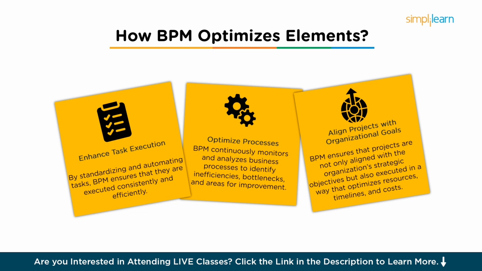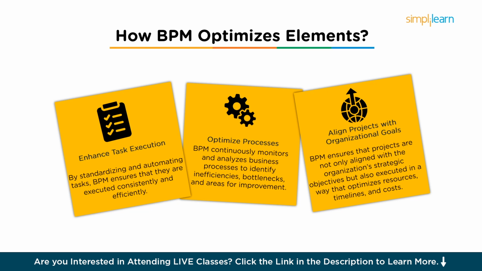BPM ensures that projects are not only aligned with the organization's strategic objectives, but also executed in a way that optimizes resources, timelines, and costs. With BPM, project managers can track progress, manage resources effectively, and ensure that projects are completed within scope and on schedule.